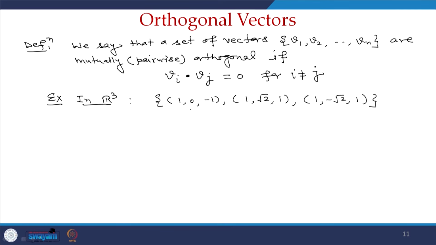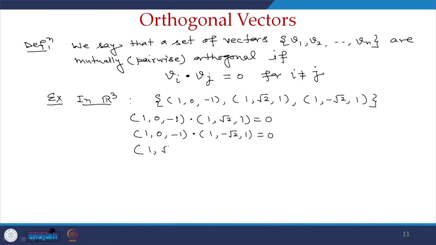Then you can check (1, 0, -1) dot product with (1, root 2, 1) equals 0, (1, 0, -1) dot product with (1, -root 2, 1) equals 0, and the dot product of the second and third vectors, (1, root 2, 1) with (1, -root 2, 1), equals 0. So, they are pairwise orthogonal.